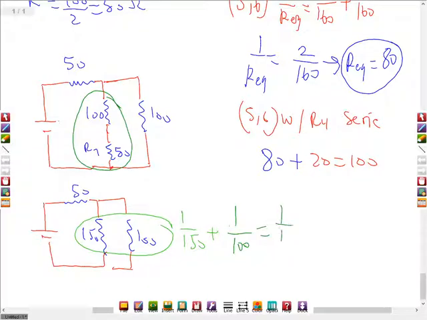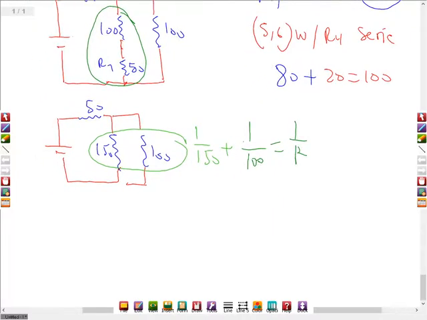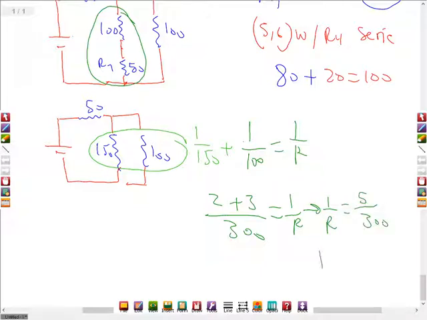The common denominator for these two guys is 300. 150 is twice, and this 3 times. So 1 over R equals 5 over 300. Flip both sides. R equals 300 over 5 equals 60 ohm.